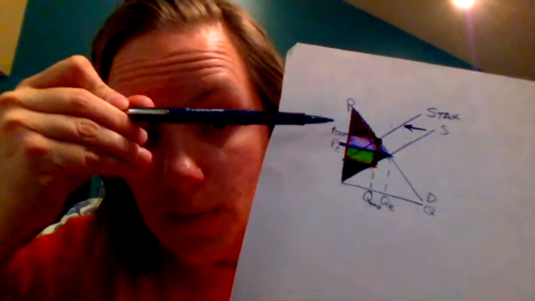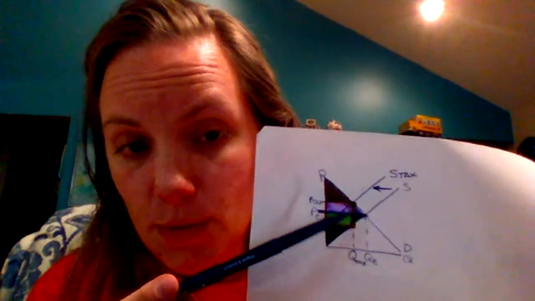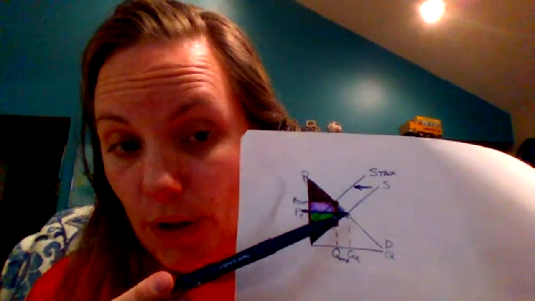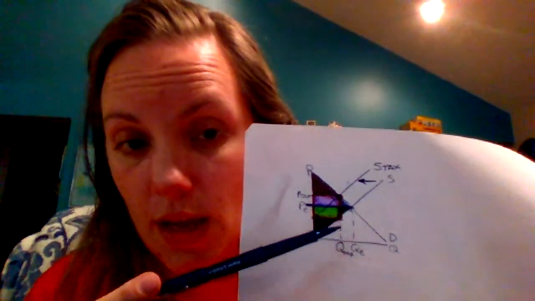If one rectangle is bigger than the other, that person is paying more of the tax, more of the burden. So you base your tax revenue rectangle, the distance between the supply curves, over to your axes, and you draw your line at your original equilibrium price. And that's going to tell you your tax incidence.